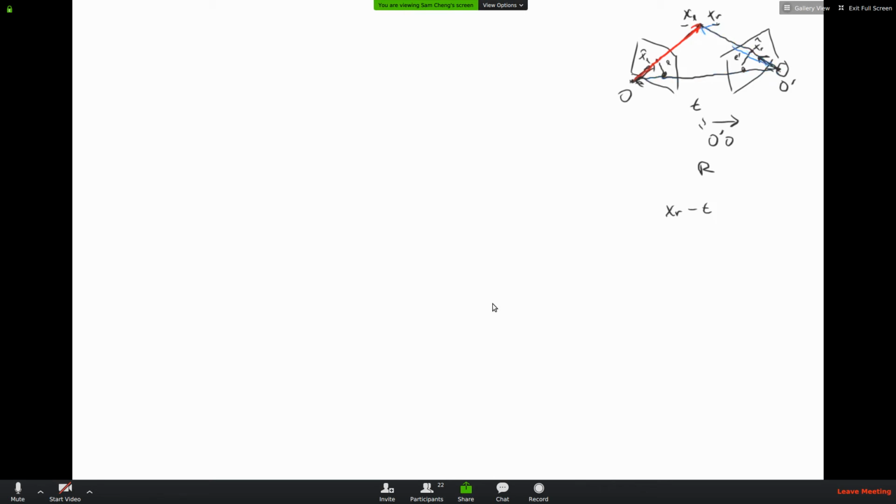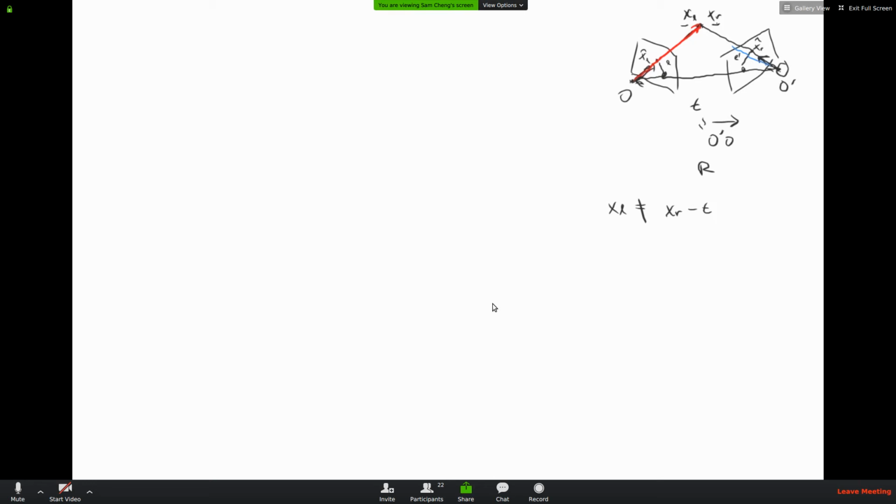But this is not right yet. I cannot just say XR is equal to XL minus T. This is not correct, because remember, this may be confusing, XL and XR are coordinates according to different coordinate systems, so the axes of these coordinate systems are not the same.